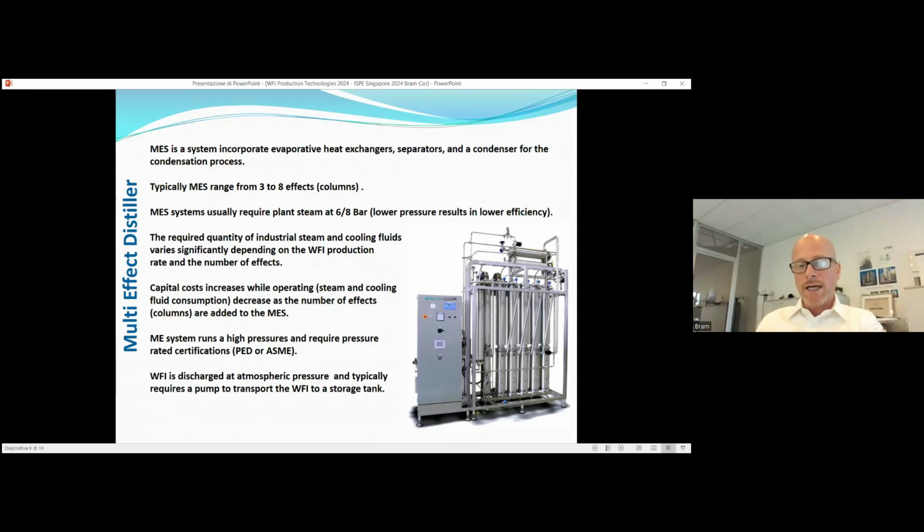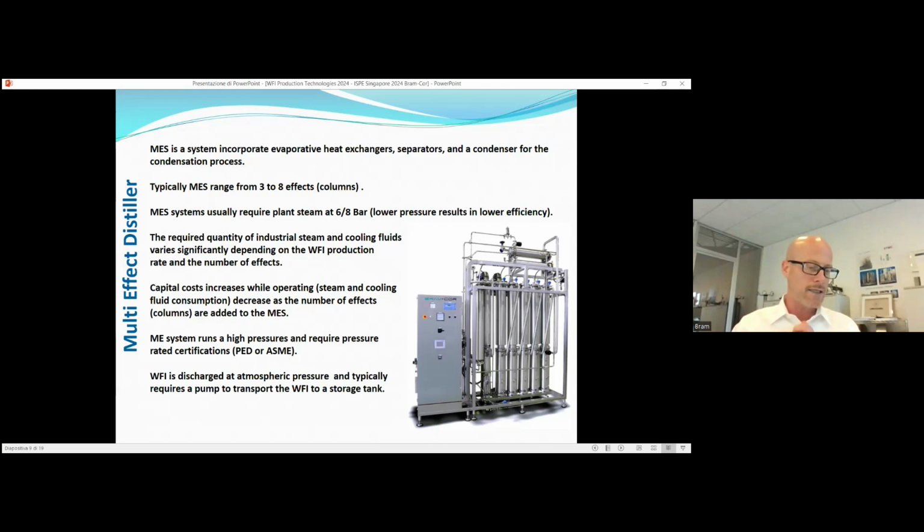One of the characteristics of this technology is that the quantity and the pressure of industrial steam are quite significant. There are some ways to reduce their impact, that is to add preheaters on each column or to increase the number of columns. So clearly there are solutions, but we are talking about standard conditions. It normally requires cooling fluid, chilled water or cooling water, to condense the dry pure steam produced into WFI.